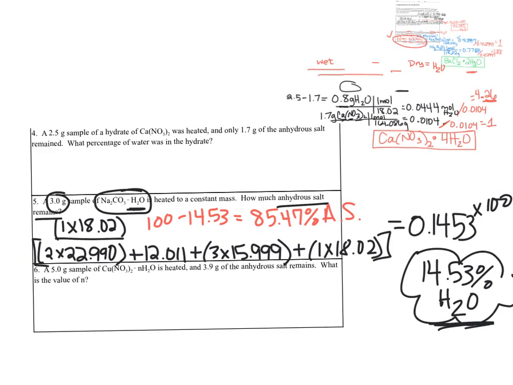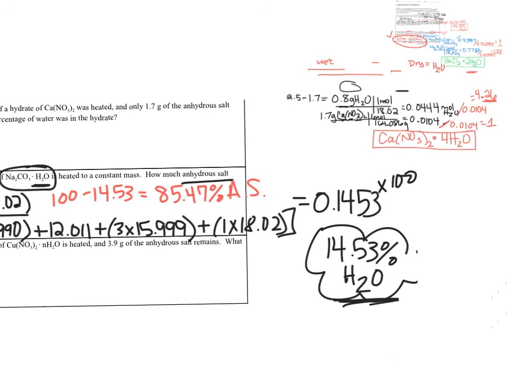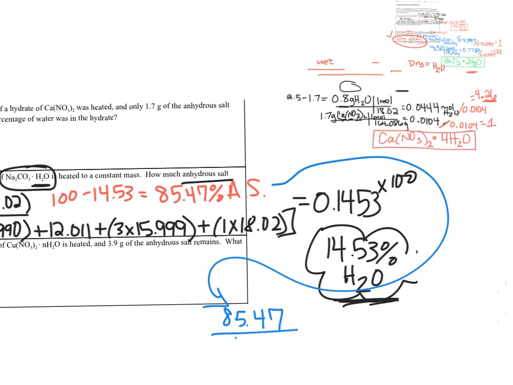Okay, and this is the ratio thing that I had set up a couple days ago, where we said, if I have 85.47 out of 100 is equal to X out of 3.